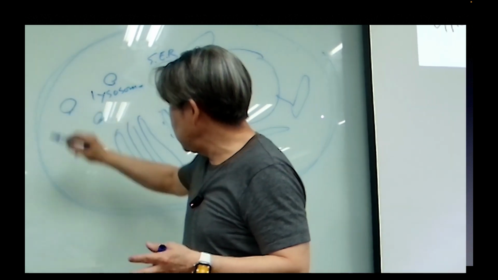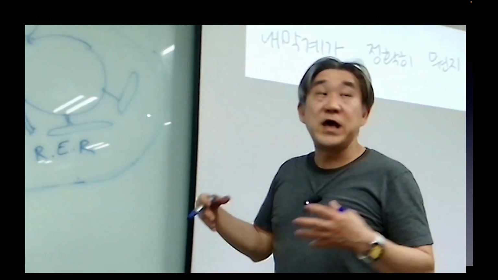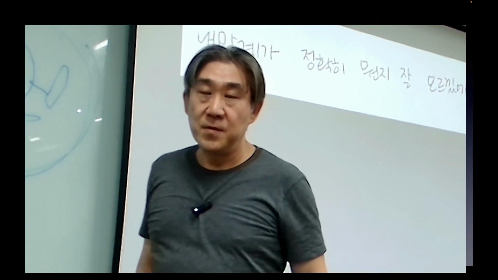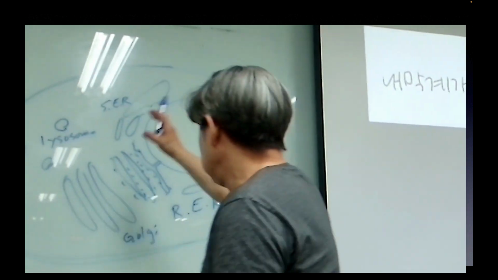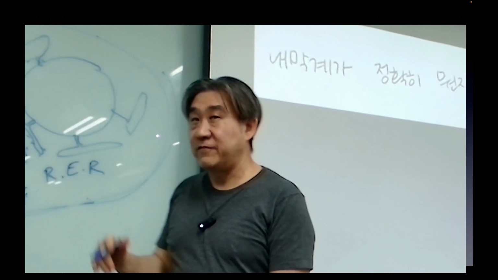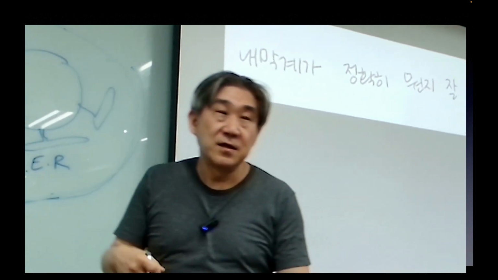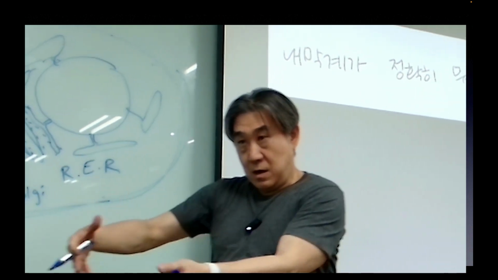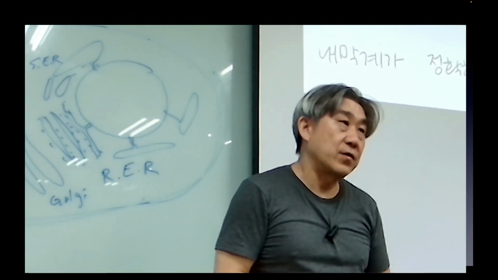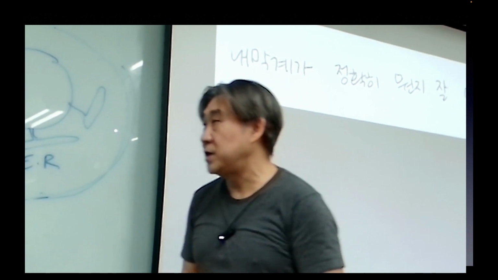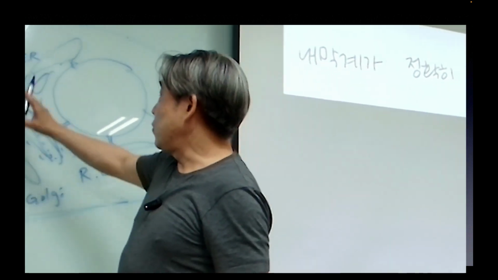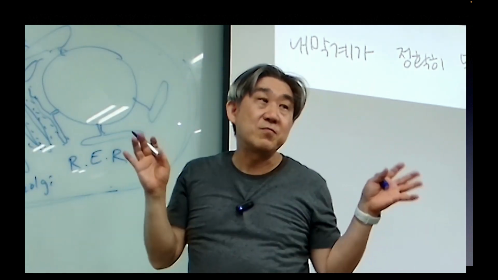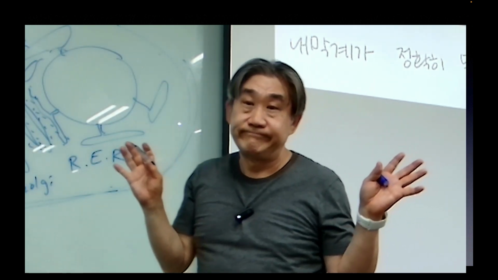We do have many, to name a few. Okay, so these are the endomembrane system, and once again, the reason why all these differently functioning organelles are classified into one category of endomembrane system is we believe they all derived from the same origin, which is the cell membrane. That's it.